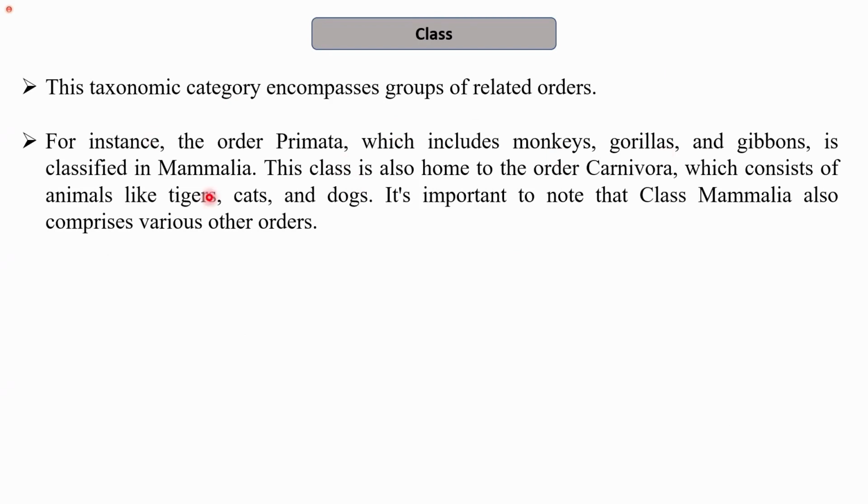So, an order is a group of similar families. A family is a group of similar genera. A genus is a group of similar species. A class is a group of similar orders. This class is also home to the order Carnivora, which consists, as we mentioned, of Canidae, tigers, cats, and dogs. So, class Mammalia also comprises various other orders.